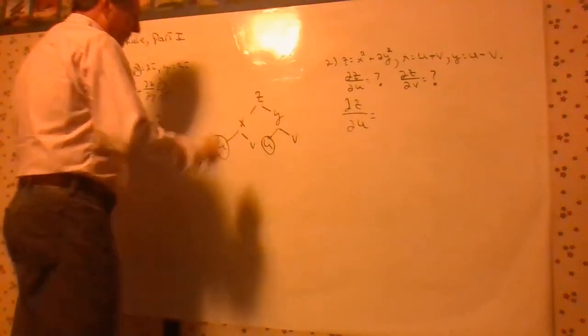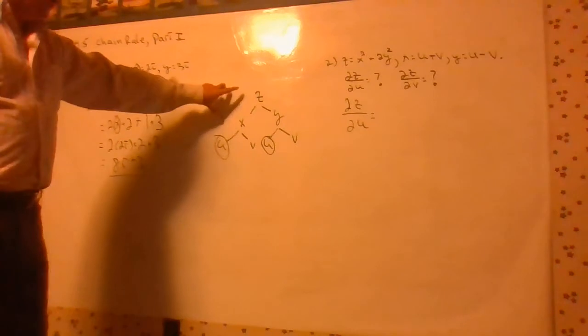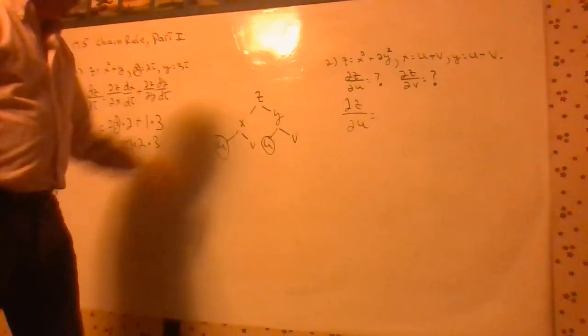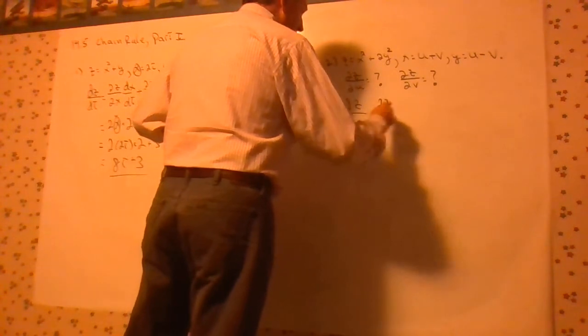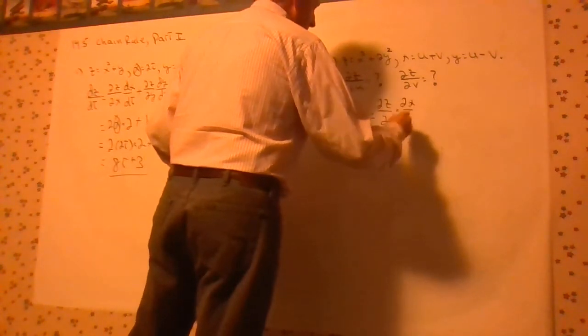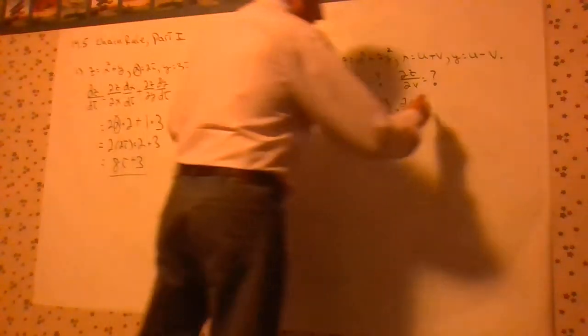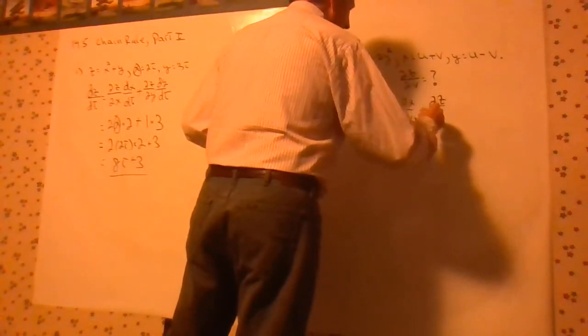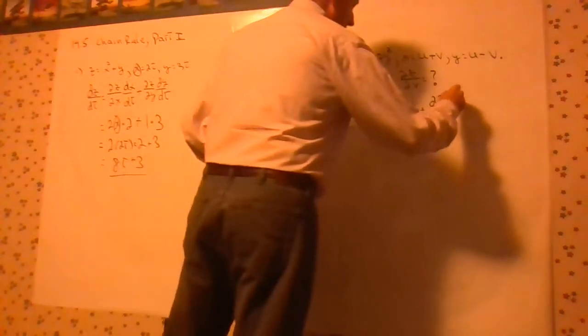There's two different paths that can take us from z to u. Each path will represent a term. Partial of z with respect to x times partial of x with respect to u plus partial of z with respect to y times partial of y with respect to u.